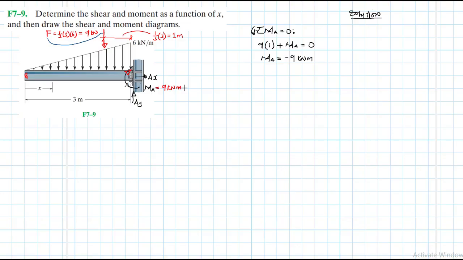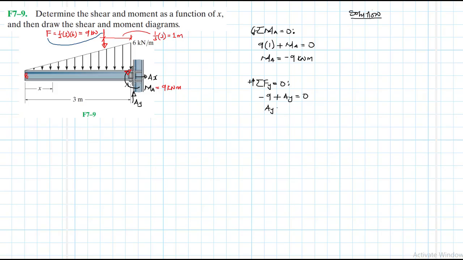What else? Let's now apply the summation of forces in the y direction equal to 0, going up in our reference. So we'll have minus 9 kilonewtons plus AY equal to 0.